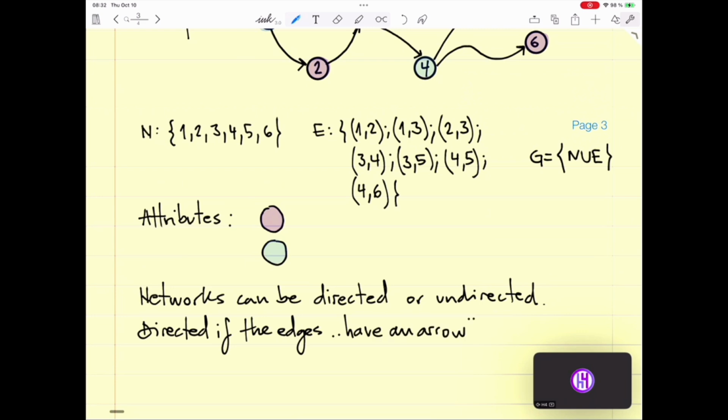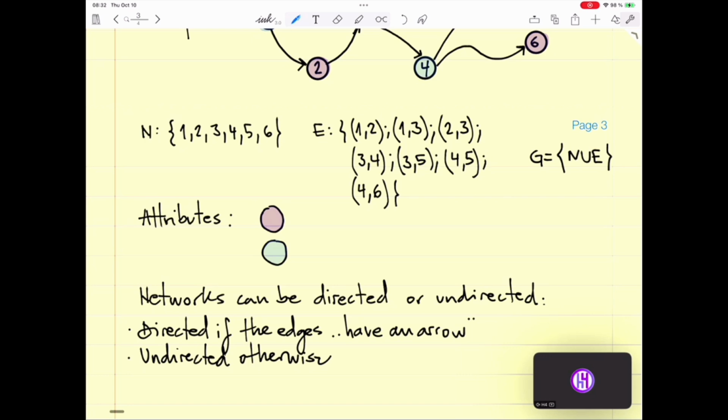If communication or material goes only from 1 to 2, and undirected otherwise. Okay? It is relevant and it makes a difference, but right now understand that we're just doing baby steps. Okay? Any questions so far?